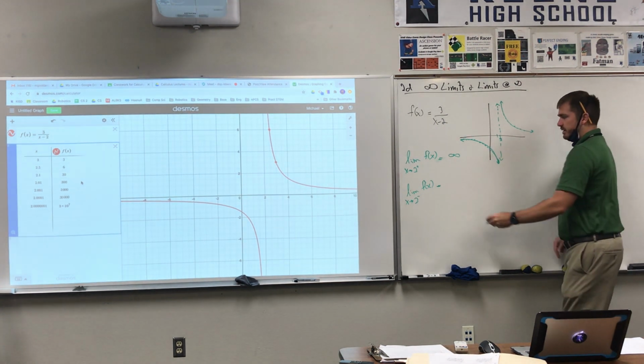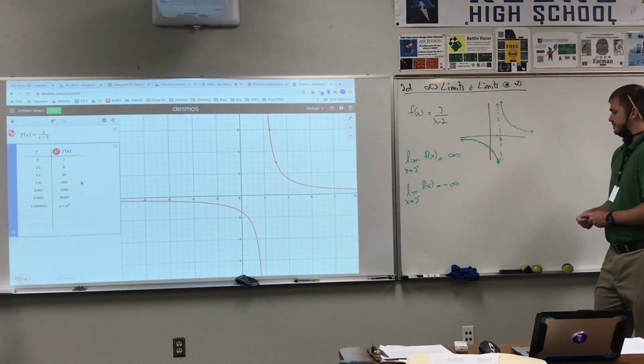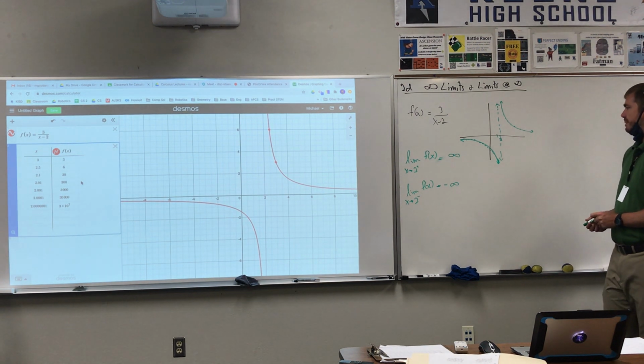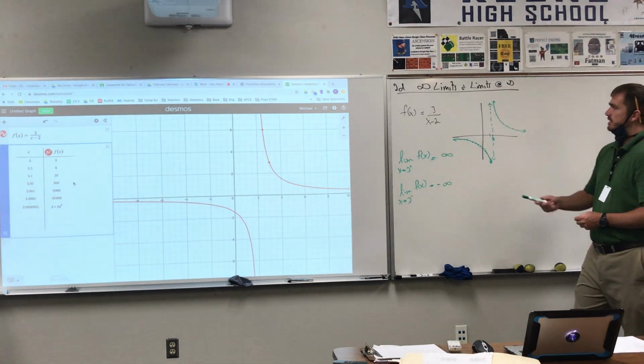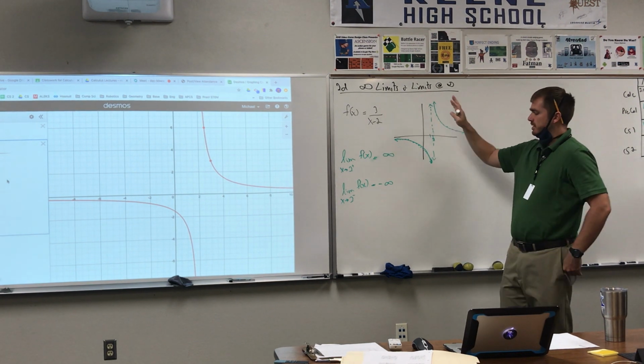Would you agree with that? So we could put negative infinity. Okay. So that's all well and good. That is an infinite limit. So the limit is infinity.